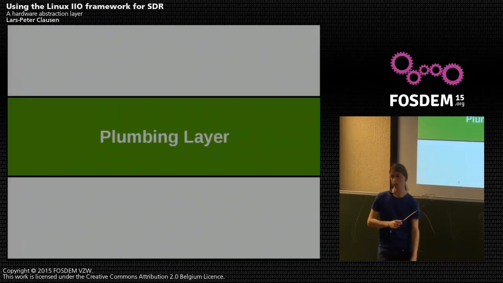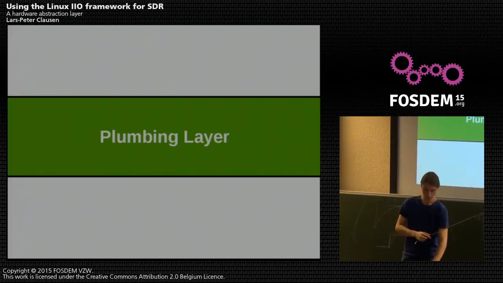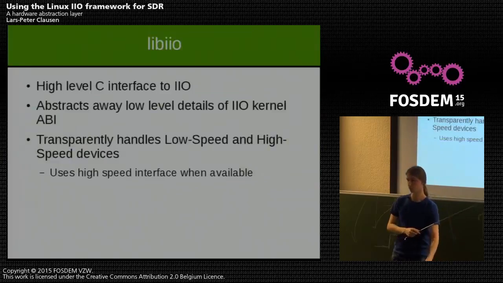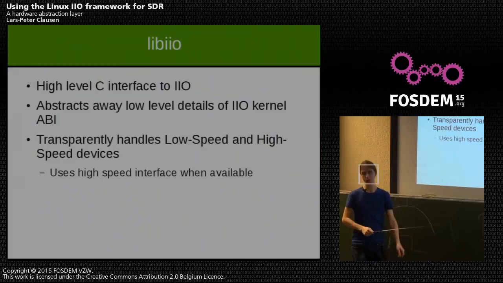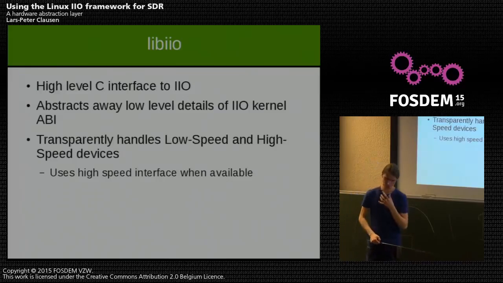So this was the kernel layer, the kernel framework, and now we're going to talk about the plumbing layer that sits above the kernel, which runs in user space. And in user space we have a so-called libiio, which you can think of like libasound, like you have a libasound for the ALSA framework, which provides a bit higher-level interface.